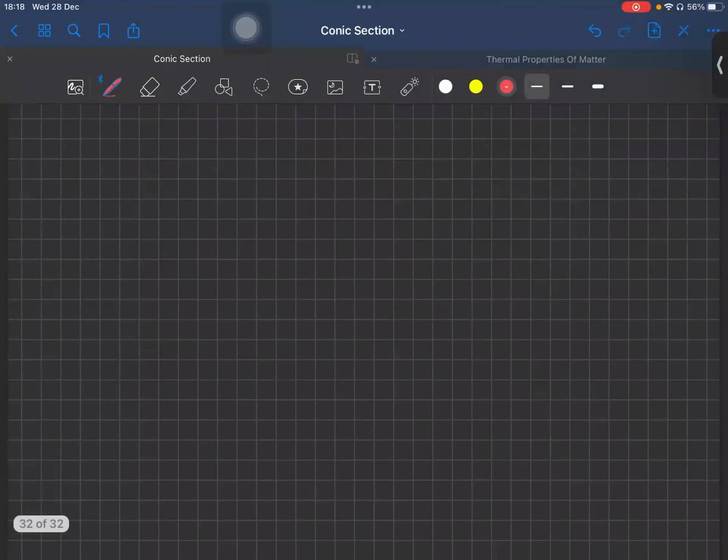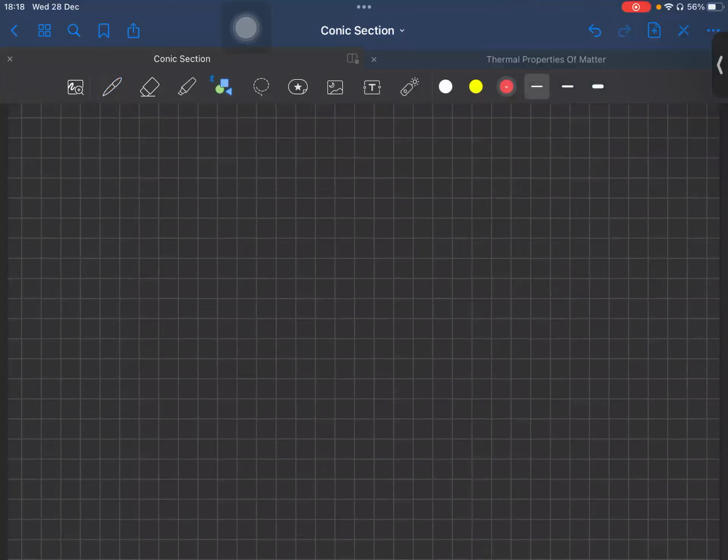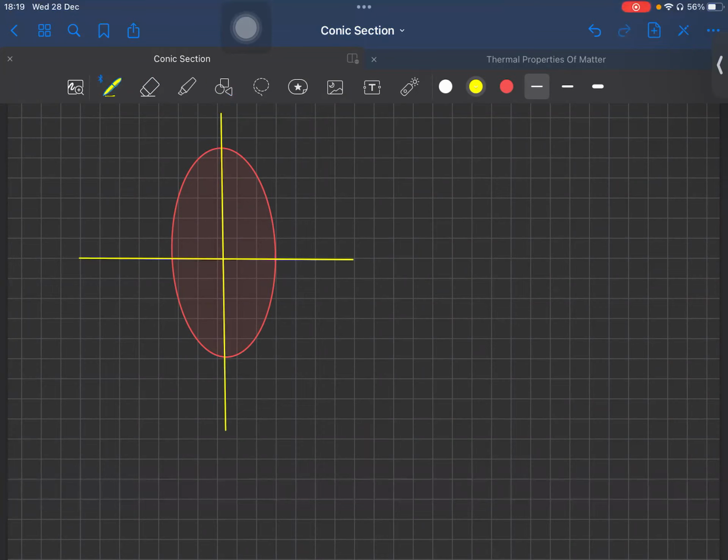When it is given minor axis, see for this type of ellipse, the ellipse is on the y axis, okay? So the focus will be on the y axis, right? For this type of ellipse, the focus is here, S1, S2, let's say, and the major axis is here.